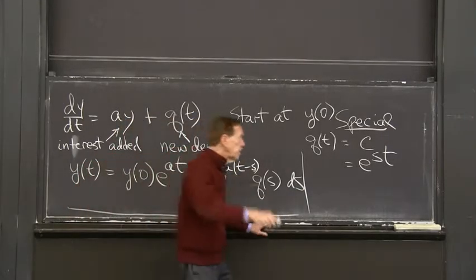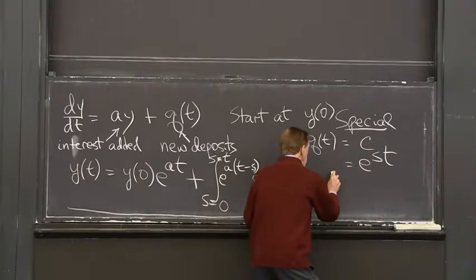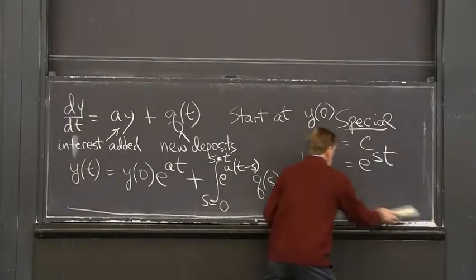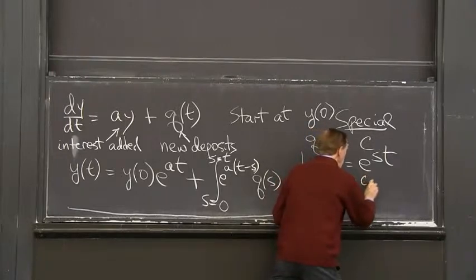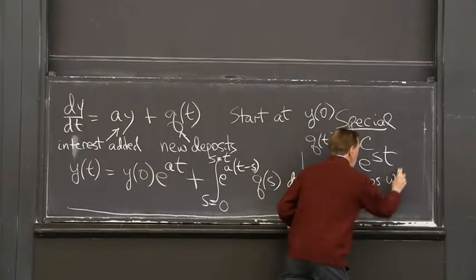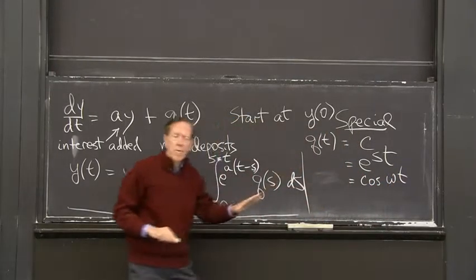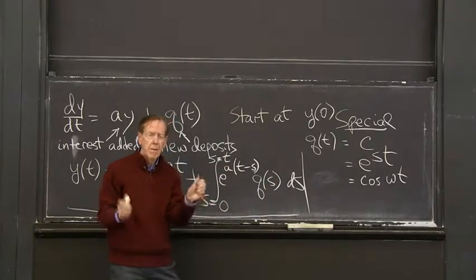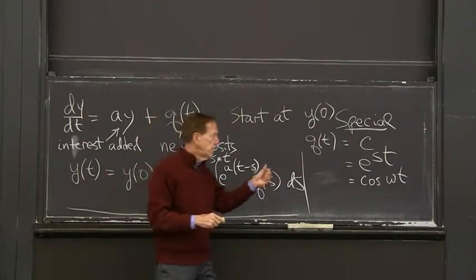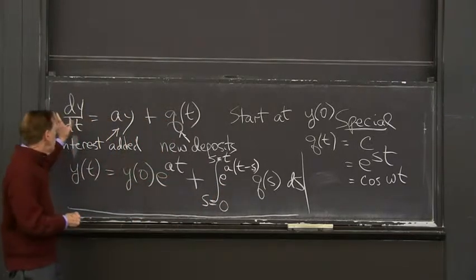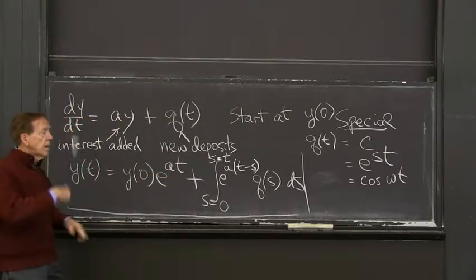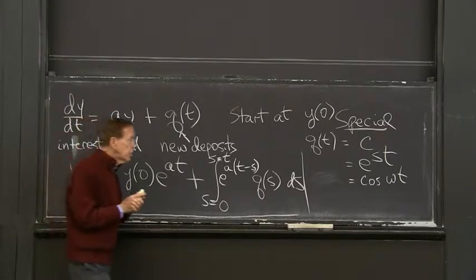Then I did oscillation. Cosine of omega t, or plus sine of omega t. You remember those two kind of had to come together. We couldn't stick with cosines alone because the derivative of a cosine would give us a sine, so sines got into the picture.